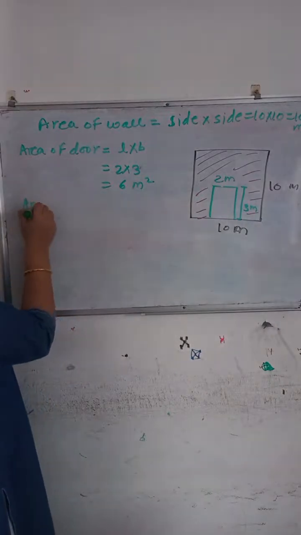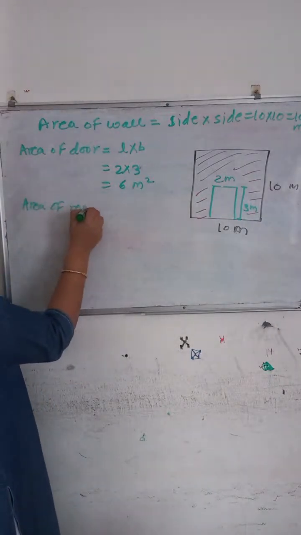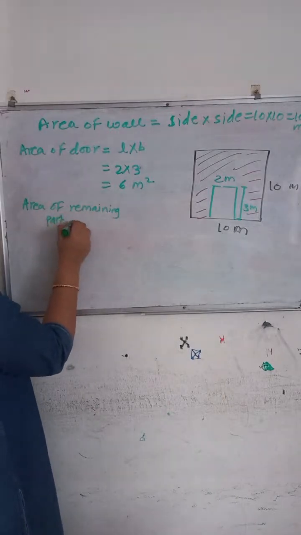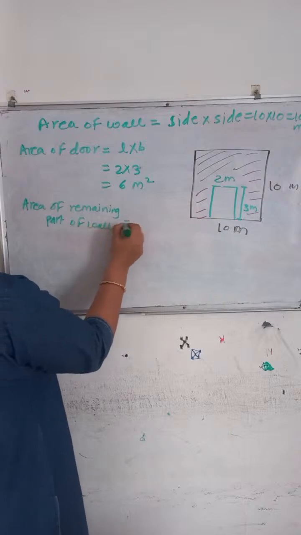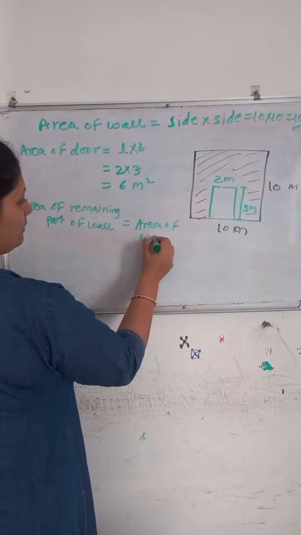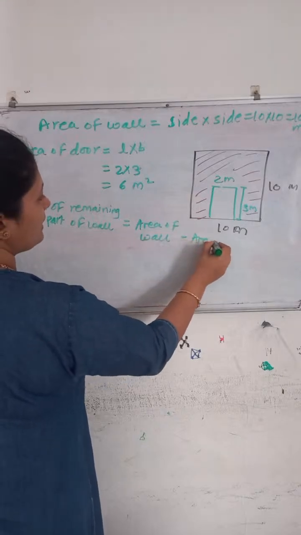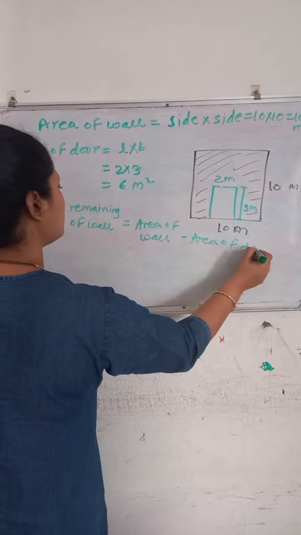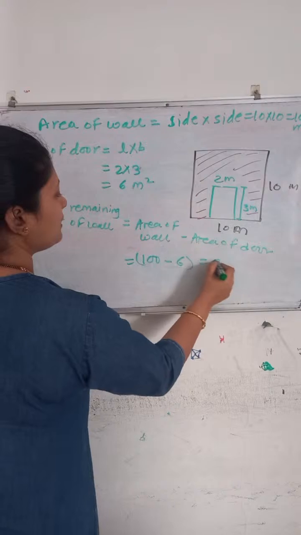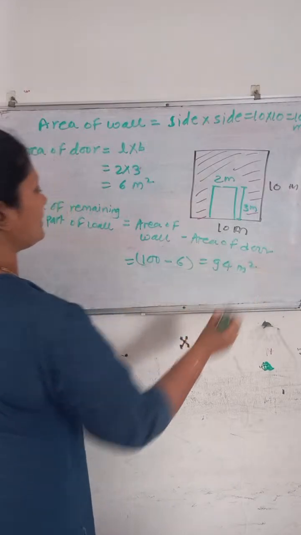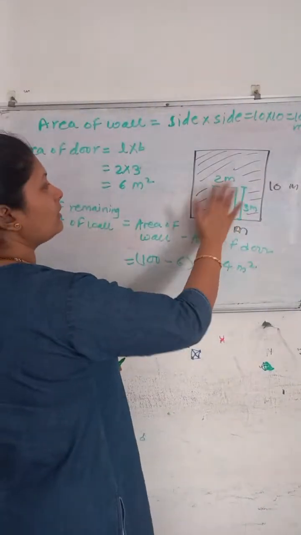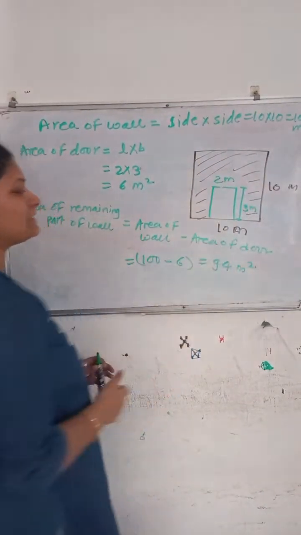So the area of the remaining part of the wall is the area of wall minus area of door. So 100 minus 6 is 94 meter square. If we remove the door, then we get only the wall part, 94.